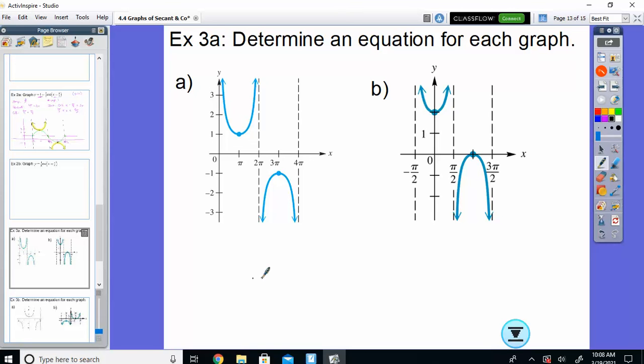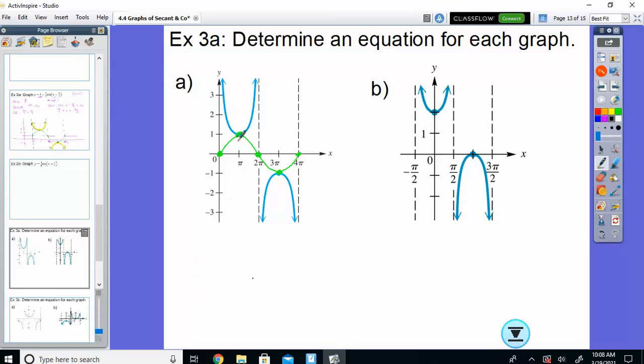So on A, if I want to decide if this is secant or cosecant, what you could do is draw in your sine or cosine. Anywhere where you have an asymptote, you know your graph was at 0. Your high and low points stay. So that green curve I just drew in, is that sine or cosine?